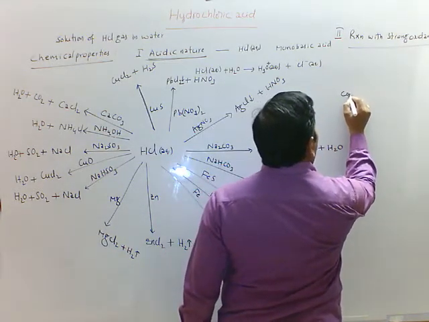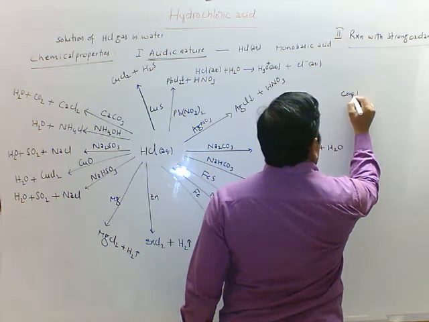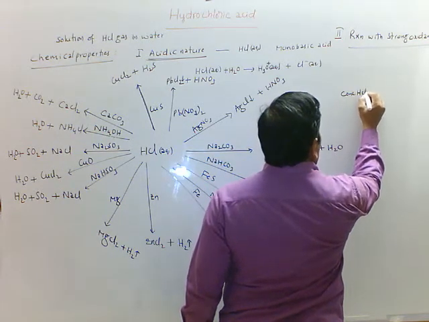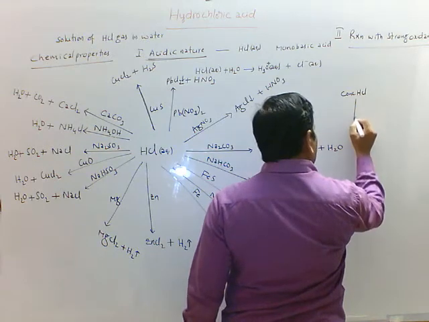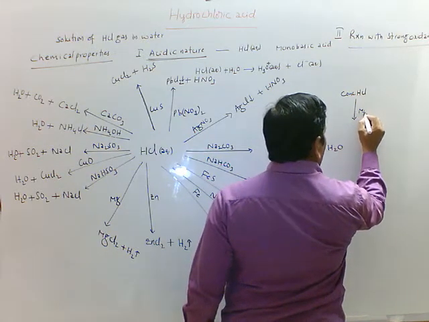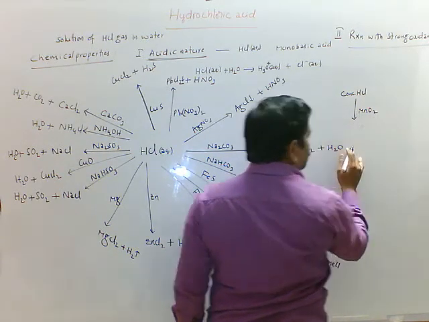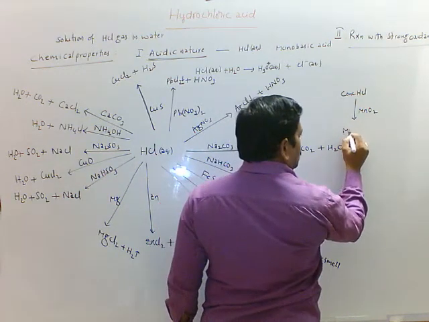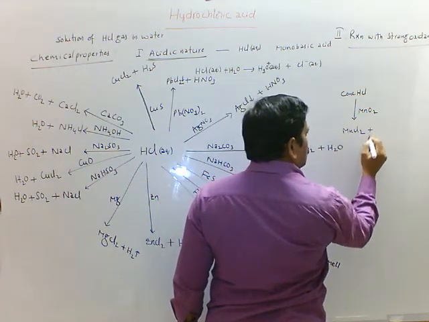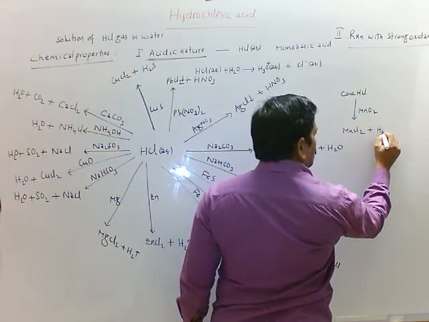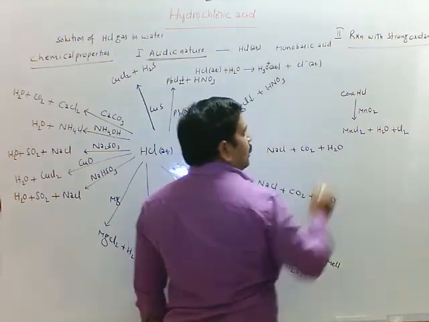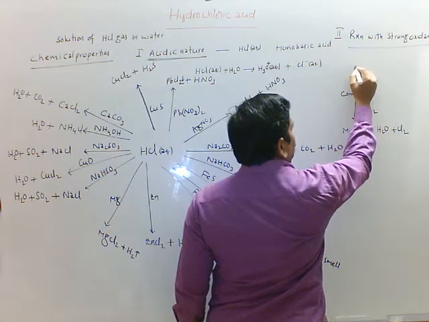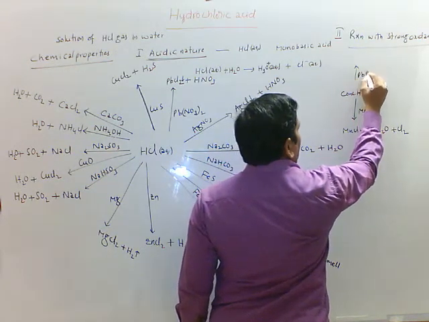So concentrated hydrochloric acid reacts with manganese dioxide, gives MnCl2, H2O, and liberating chlorine gas, and reacts with lead peroxide.